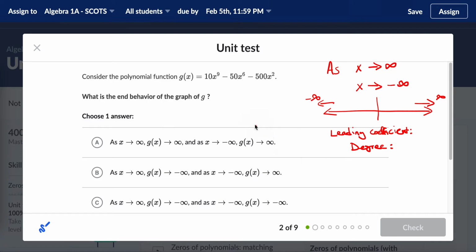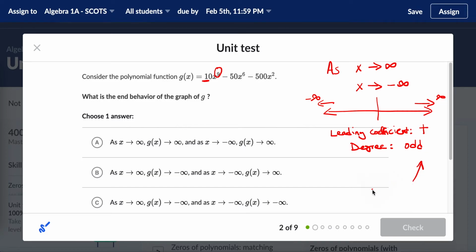Let's look at the degree first. We have an odd degree. The highest exponent is a 9, so our degree is odd. That means that our two ends are going to be opposites. Essentially, one is going one way and the other is going the other way. If it was even, they'd both be going the same way. Our leading coefficient is positive, which tells us the right-hand side of our graph goes up.